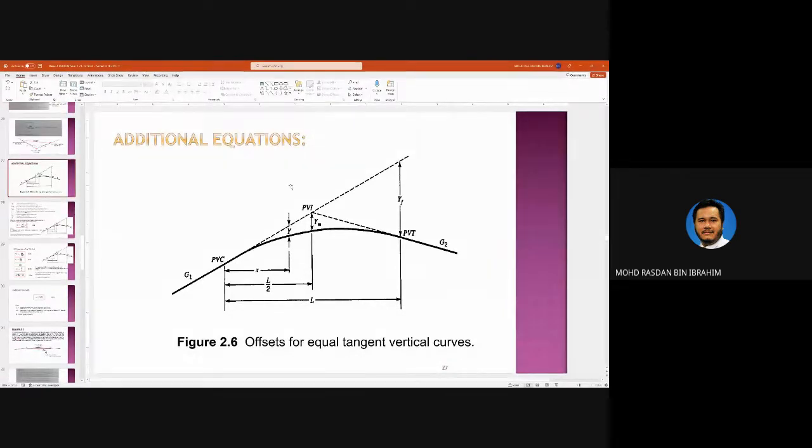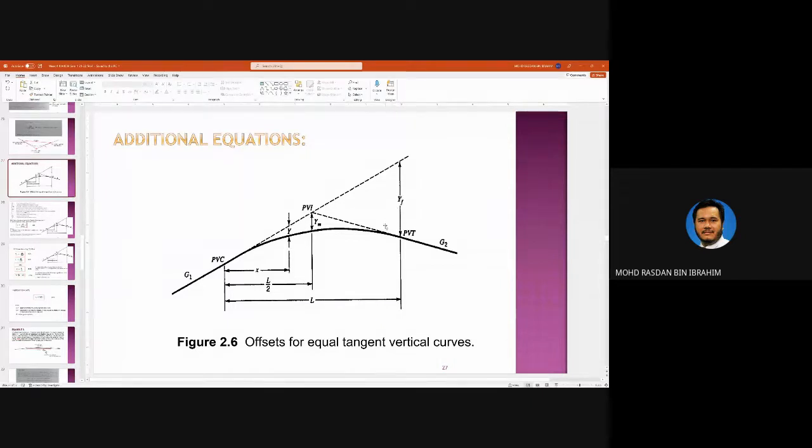Okay, so this is the figure. The terms that we are interested in are the value of Y, Ym, and Yf. But most of the time we are going to use either Y and Yf.